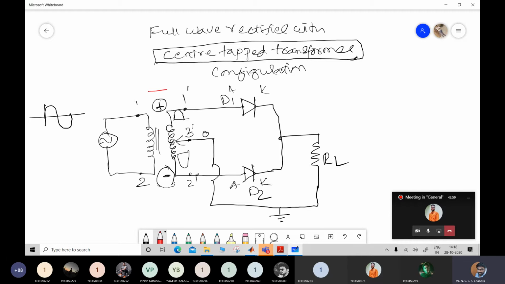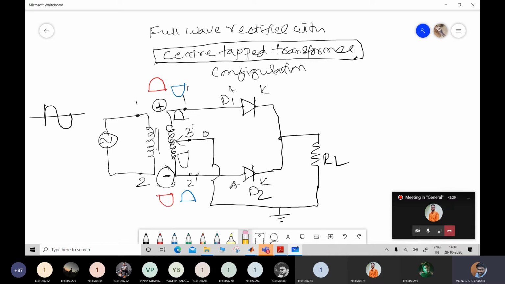So when this is positive, this would be this side, and then when this would be negative, this would be positive. Okay, so I'll erase all this again.